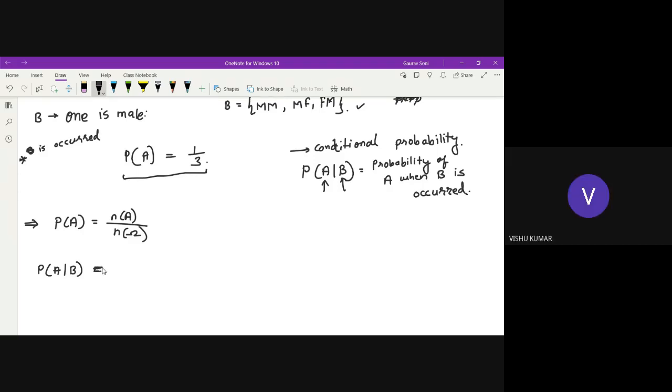P of A intersection B by P of B. You are looking at the number of elements in A intersection B upon the number of elements in B, and I can divide the numerator and denominator by the number of elements in sigma.